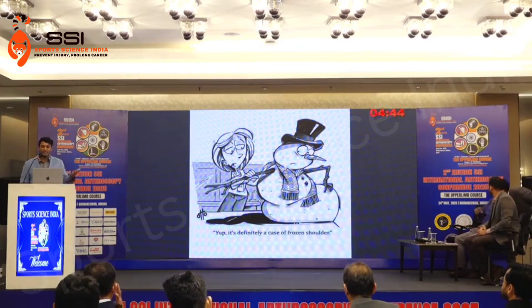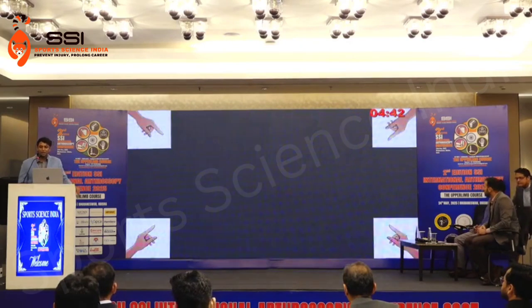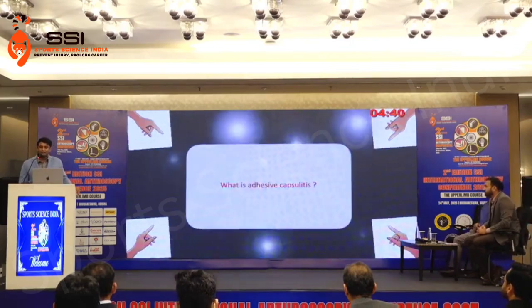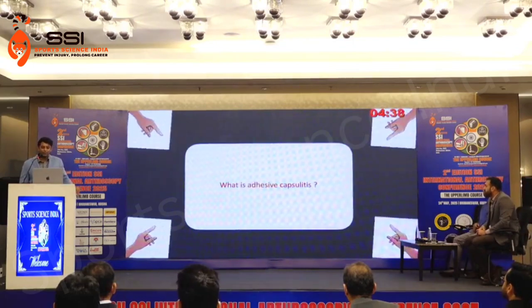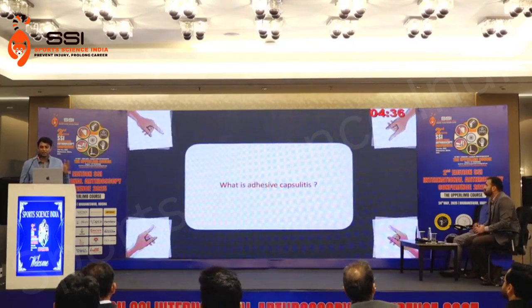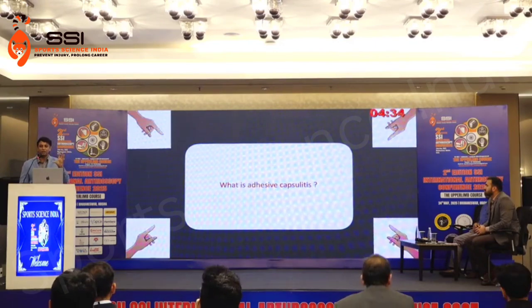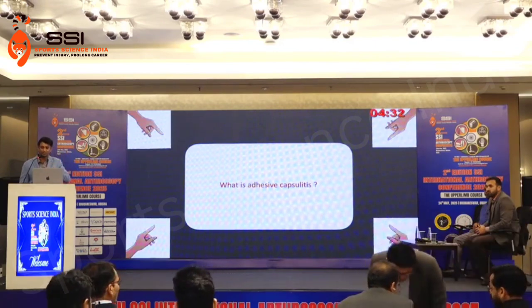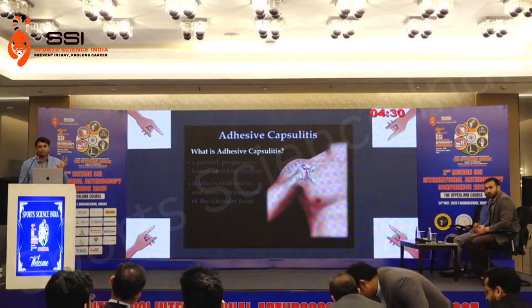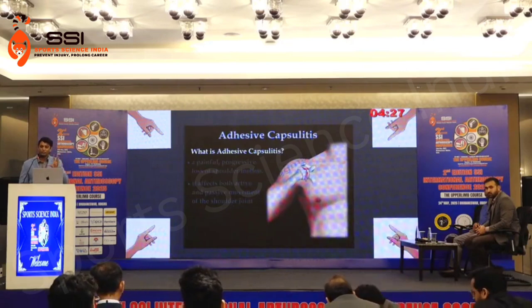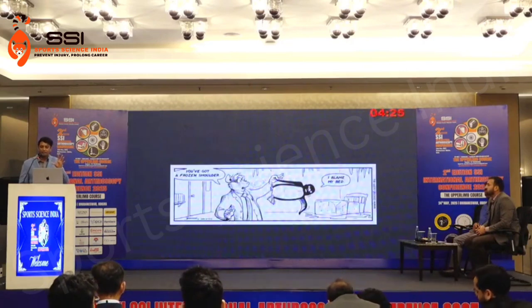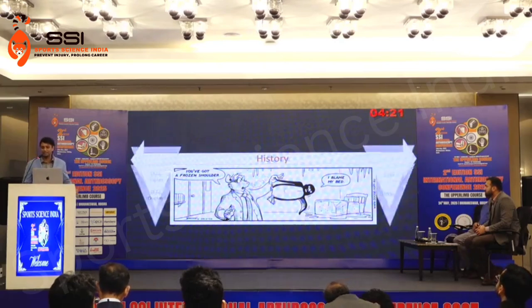But having said that, we need to understand what a periarthritis is. It's basically progressive adhesive capsulitis, a progressive painful loss of shoulder movements, which leads to global loss of range of movements. And the reason I mention that is we need to understand the history.